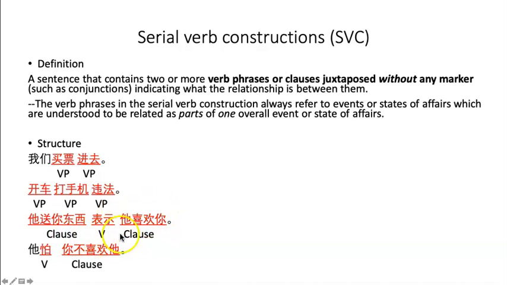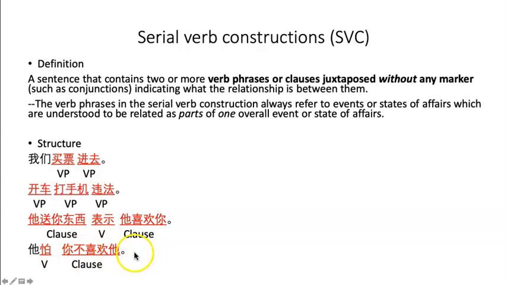When the three components, a clause, a verb, and a clause or verb phrase, the three components are juxtaposed, directly put together, and the three components are also related. And this is what we call the serial verb construction.